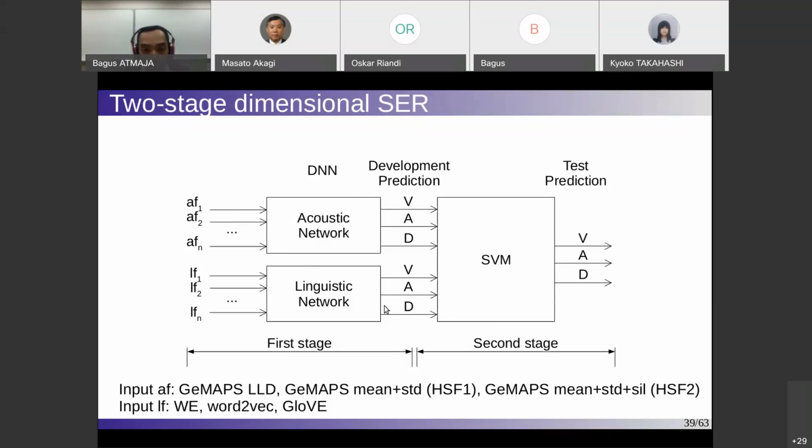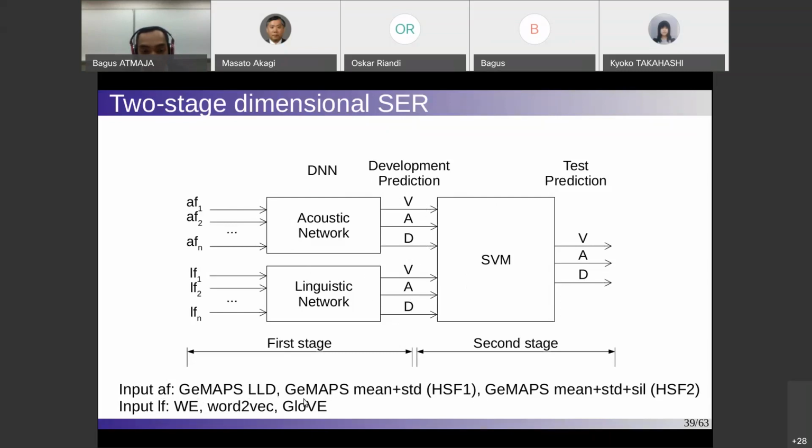Each DNN results in predictions of valence, arousal, and dominance. Instead of manually deciding which one is used for the final prediction, I use an SVM to make the final prediction. I evaluated three acoustic feature sets here: GeMAPS LLD, GeMAPS HSF, and GeMAPS HSF with silence.